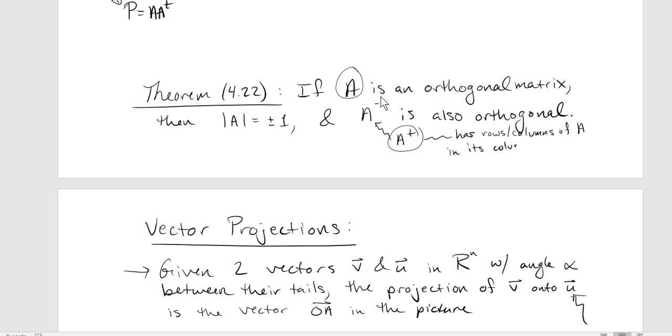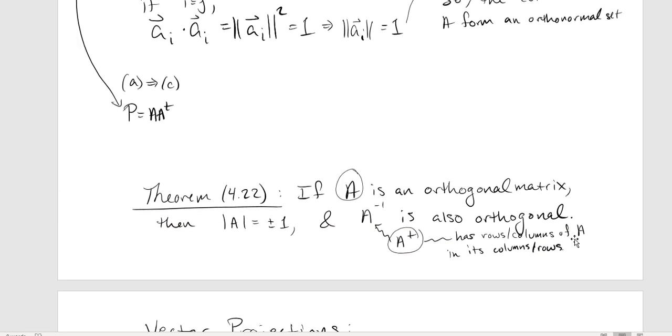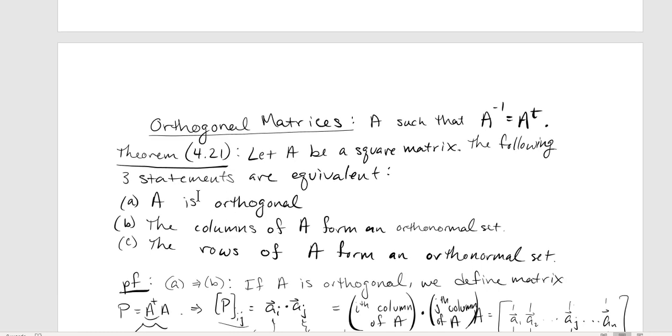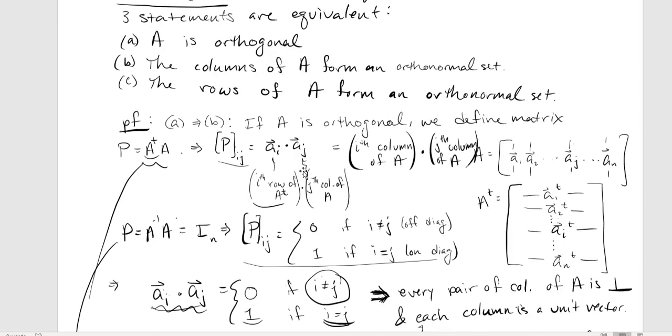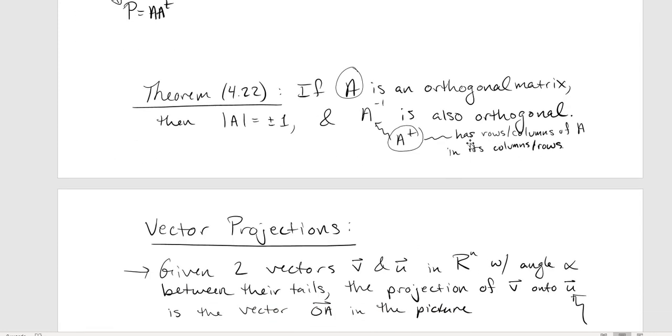They're just interchanged. So if we knew that A was orthogonal, from up here we know its rows and columns form orthonormal sets. That means A transpose just has these columns and rows reversed, both of which still form orthonormal sets, which by the equivalence implies that the transpose is also orthogonal. So it's an easy step from that previous theorem to show this theorem.